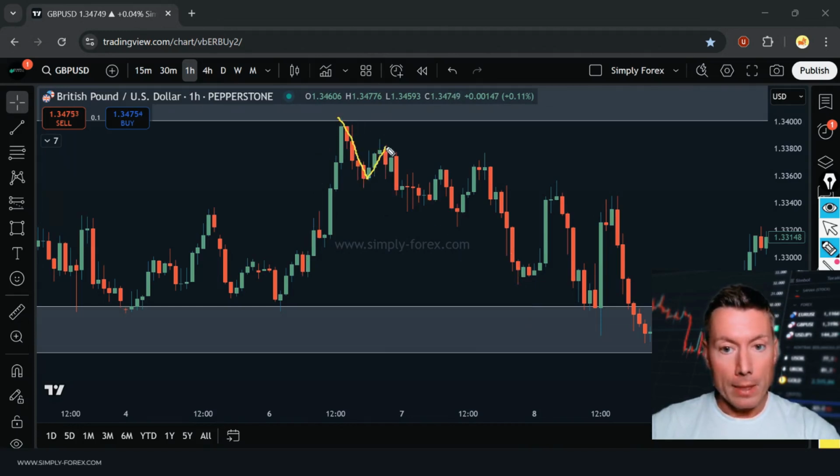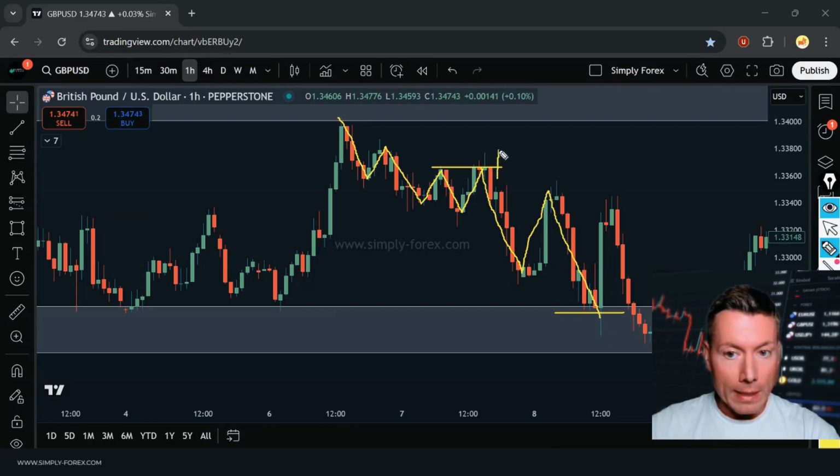But as you can see on this H1 example, even right here, it never breaks that high and we stay with structure, lower highs, lower lows, until we hit our target. And that's all I care about. If price started breaking structure here, I would potentially get out of this trade.